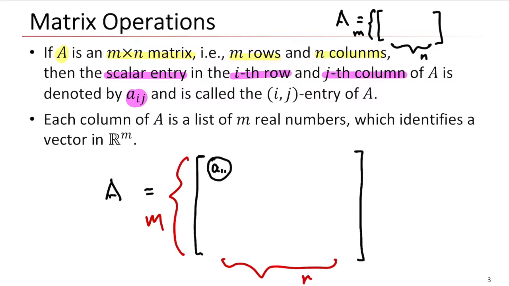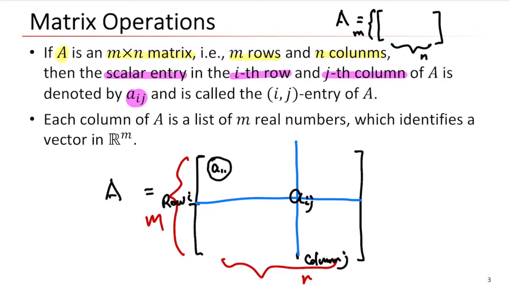And what about the row i and column j? In this case, it can represent aij, right?